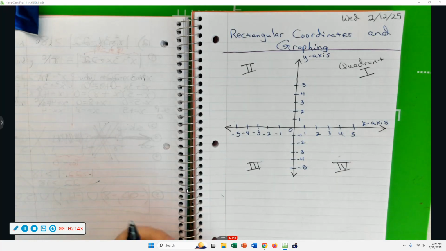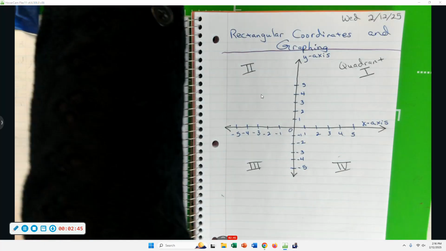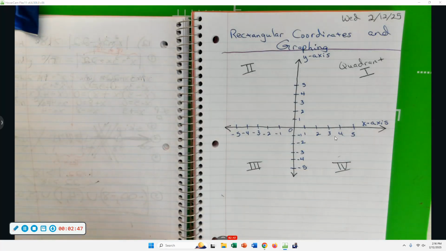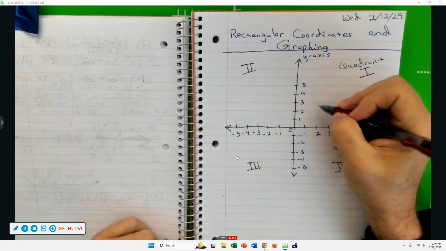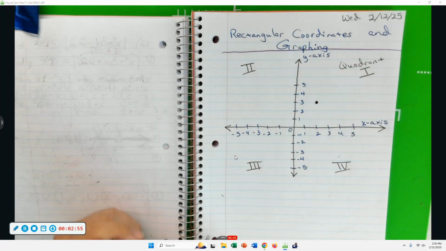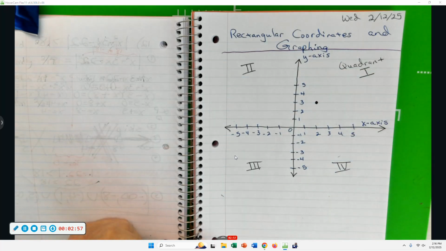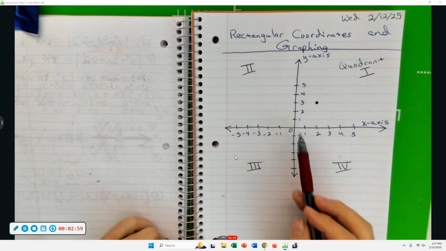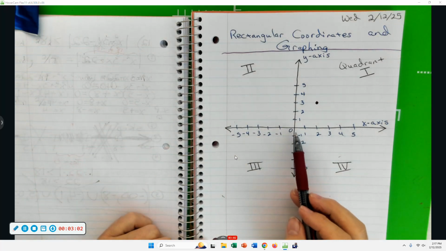We can refer to any spot on this XY grid using something called an ordered pair. For example, this point right here, that spot right there on the XY grid. You always start at the point of intersection. This point of intersection is frequently called the origin because that's where all your movement originates from.